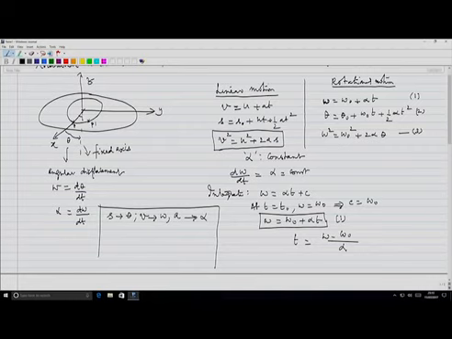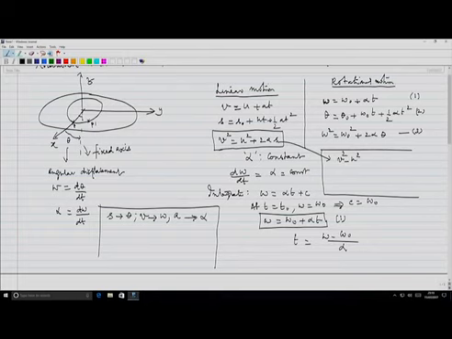Now, I will take this particular space. v squared minus u squared by 2 is equal to a into s, displacement. Multiply by m on both sides. So v squared minus u squared is equal to ma into s. What we have on the left hand side is the change in kinetic energy.